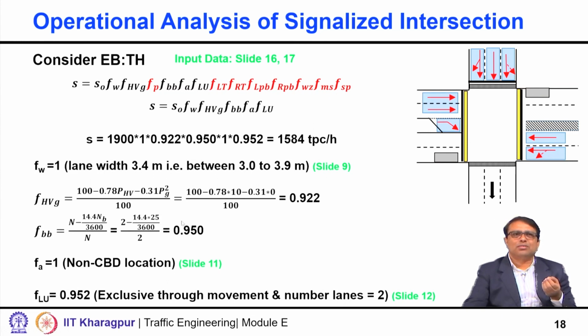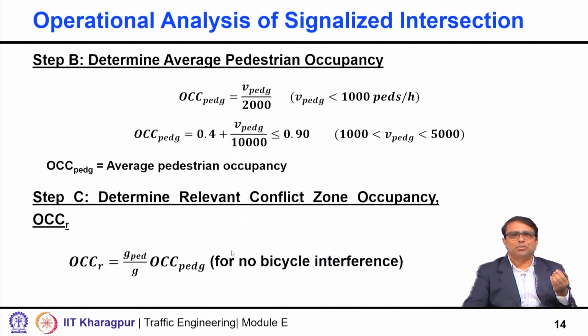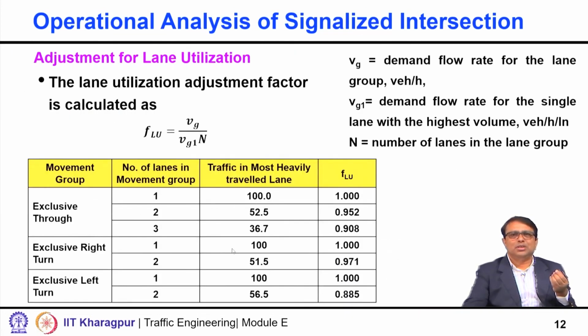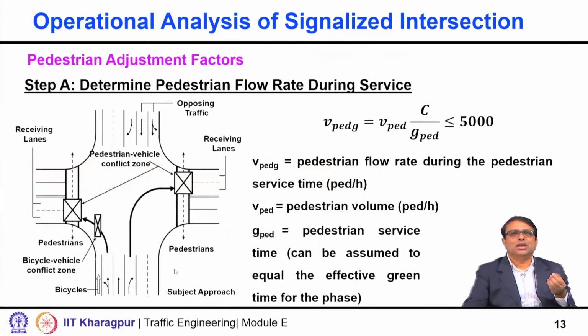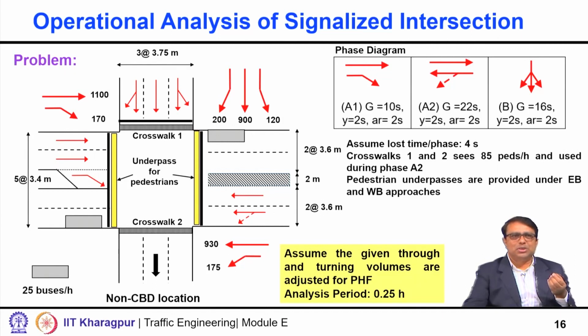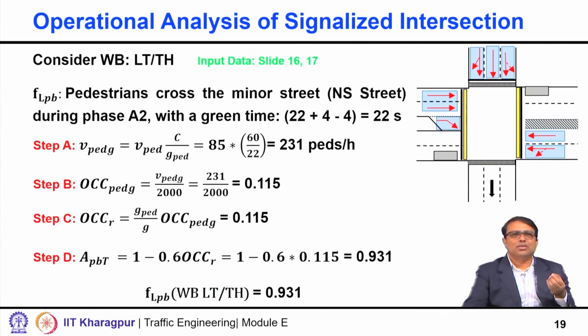So, 2 minus this, altogether you get 0.950, and since it is a non CBD location, the area adjustment factor we take as 1. You may refer to slide 11. We have said there non CBD 1 and CBD 0.9, but here it is outside CBD, a non CBD location. So, that is why the value is taken as 1.